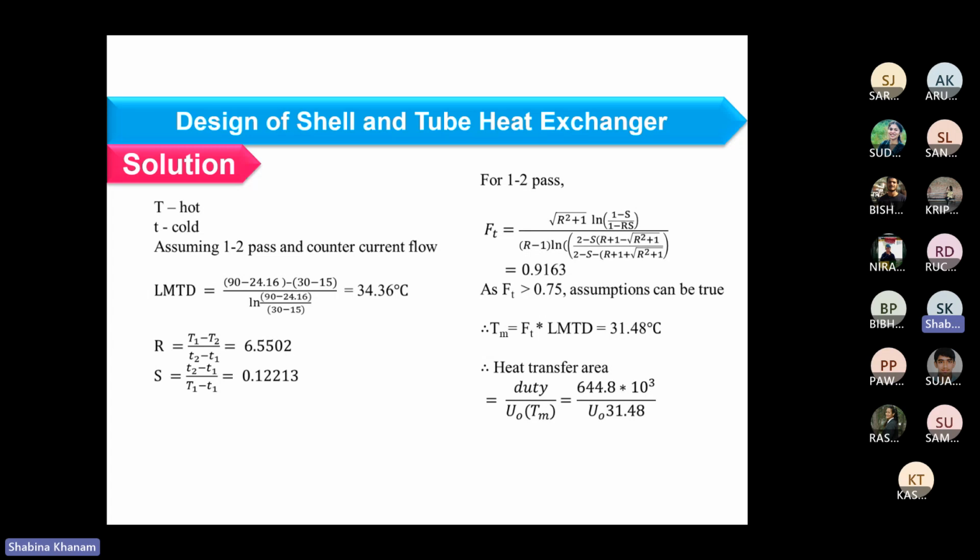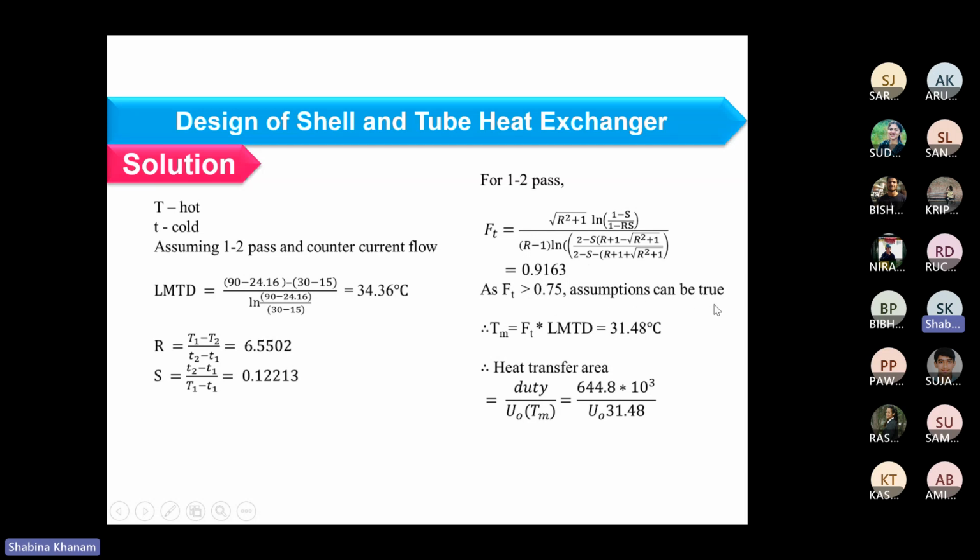We will not use the graph, because the graph may give variations in values, but the expression will give only one value. So if you consider R and S over here, you can find FT as 0.9163, which is more than 0.75.